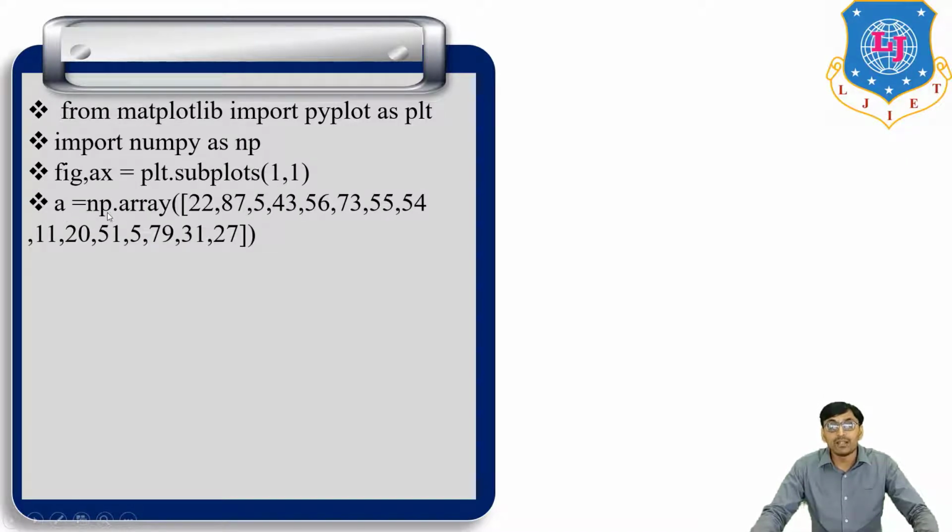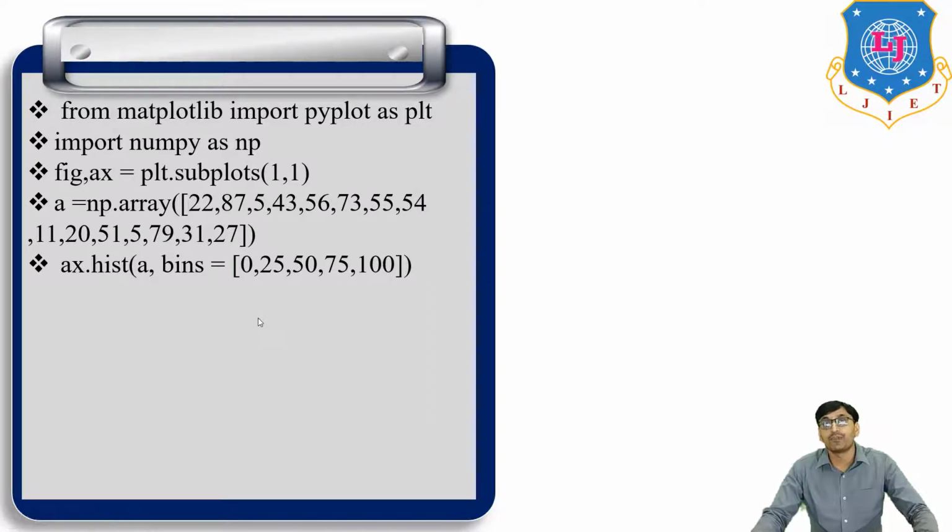Then a is equal to np.array, and in the bracket 22, 87, 5, 40, these are all values of a. Then ax.hist, and in the bracket a, then bins in the bracket 0, 25, 50, 75, and 100. These are 4 bins. Okay, 0 to 25, 25 to 50, 50 to 75, 75 to 100. Bins means one type of container.